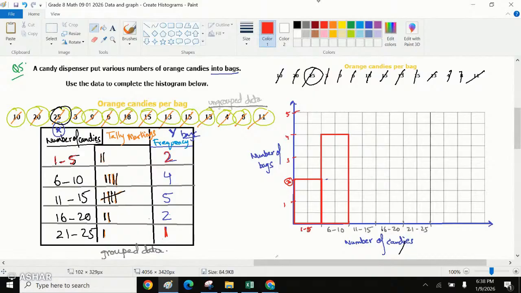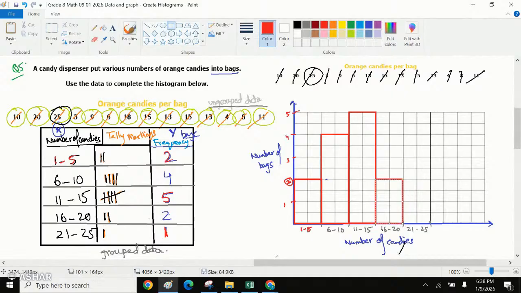So 6 to 10 was 4. Agreed. Then 11 to 15 should have a height of 5, because there were 5 bags. We draw this. Then the next one, 16 to 20, was 2 again.